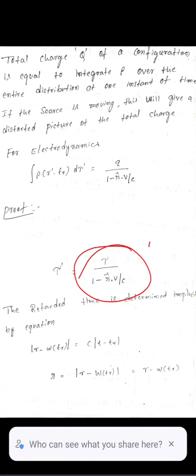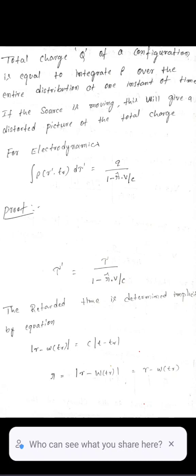Next, consider the charge is moving in a specified trajectory. So we can calculate the scalar potential where the retarded time is determined.